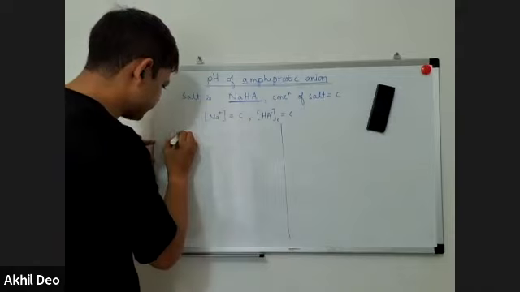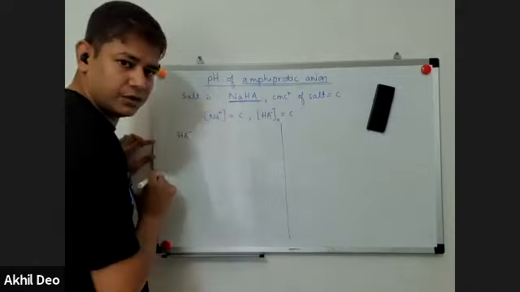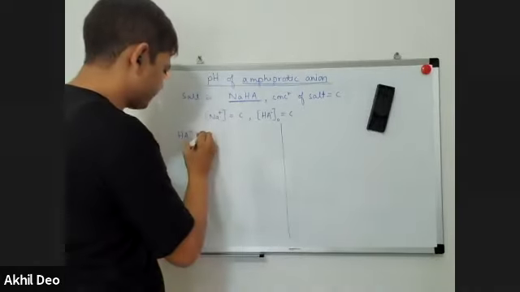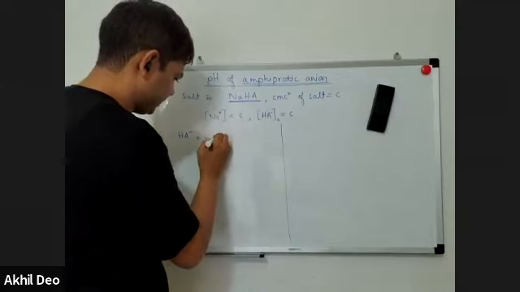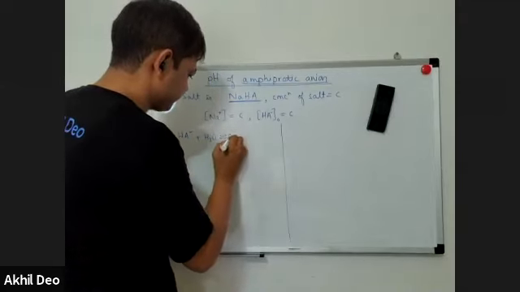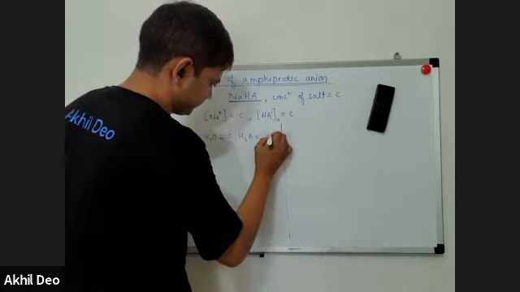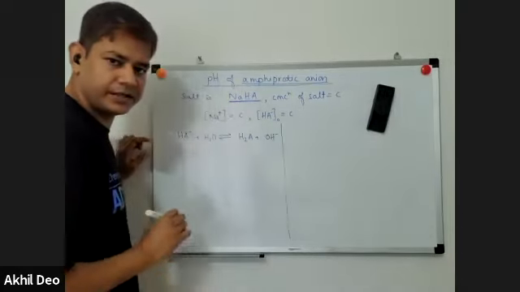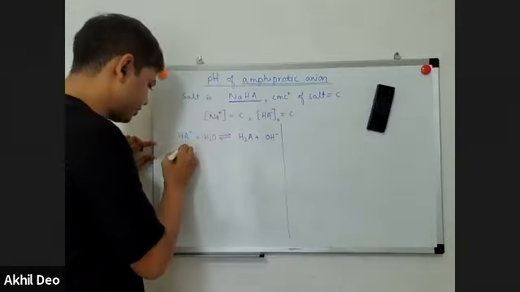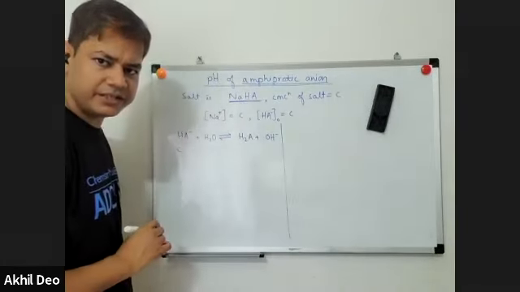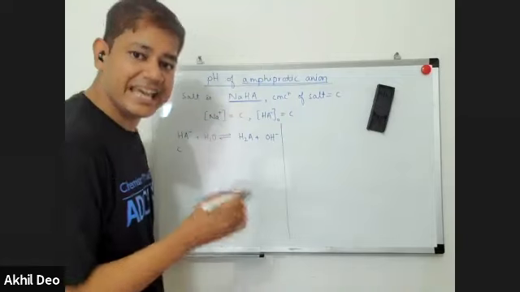The HA minus will undergo hydrolysis. HA minus plus water gives H2A plus OH minus. Its initial concentration is C. Assume that degree of hydrolysis of HA minus is h.